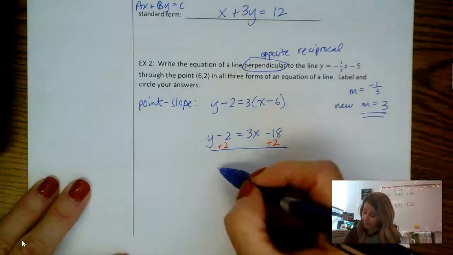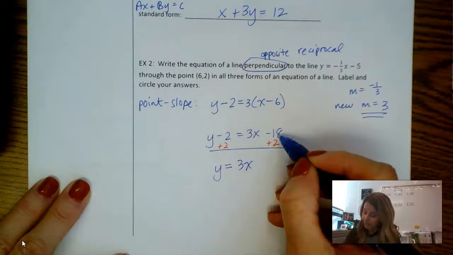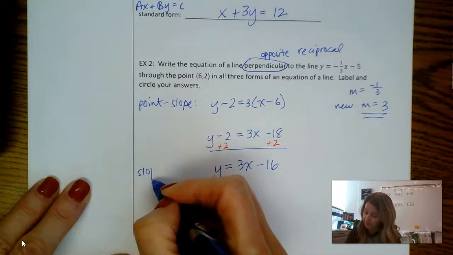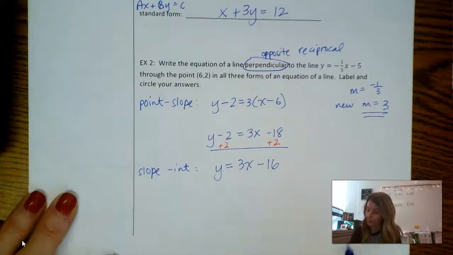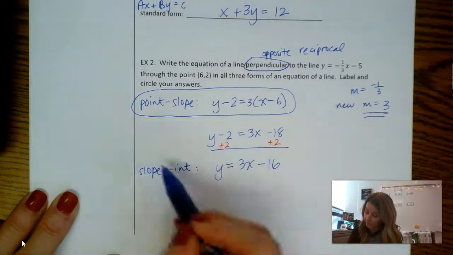So my slope intercept is y equals 3x, 18, 17, 16, minus 16. So I have point slope, and here's my slope intercept.